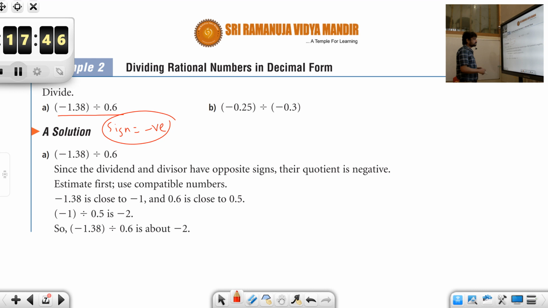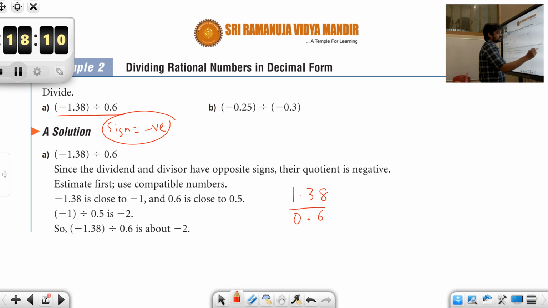Simply divide 1.38 by 0.6. So now, do you know how to divide this? How do you divide decimals? 0.6 divided into 1.38.